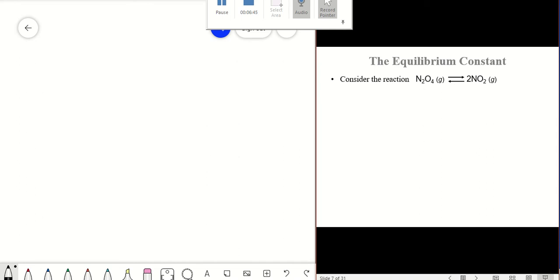Now let's try to understand how you can actually write an expression for the equilibrium constant. Based on kinetics, if I tell you this is an elementary reaction, meaning this is the mechanism and no other steps are involved in this particular reaction, can we predict what would be the rate of forward reaction?